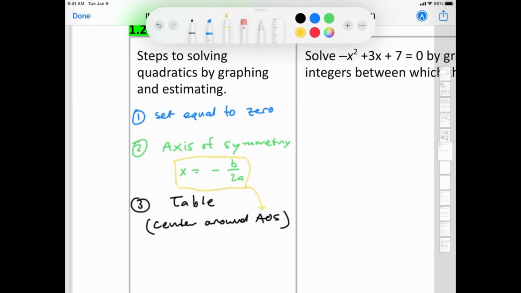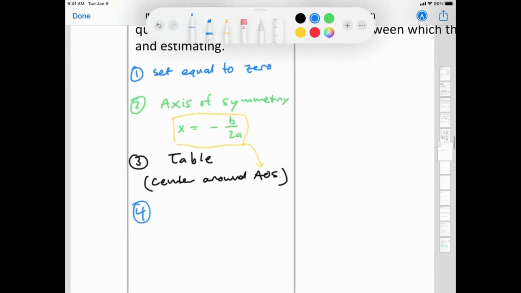It's in the middle of your table. And number 4, we're going to graph it. And then 5, we're going to get our solutions. And we might have to do something in this case called estimate. It's almost there, but we'll look at whole numbers. Okay?